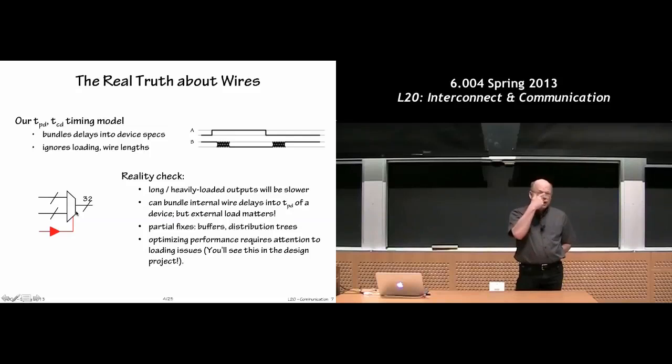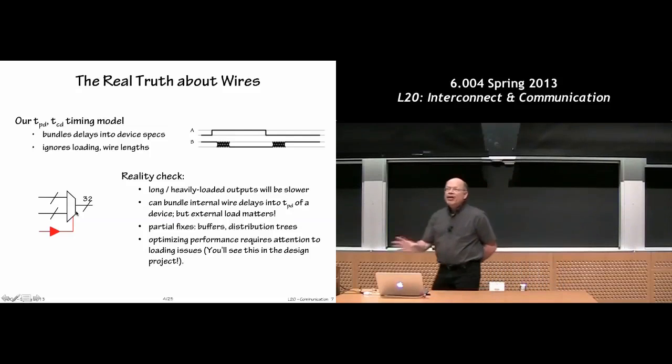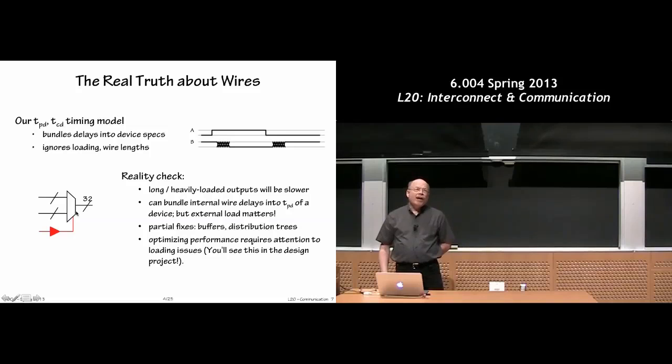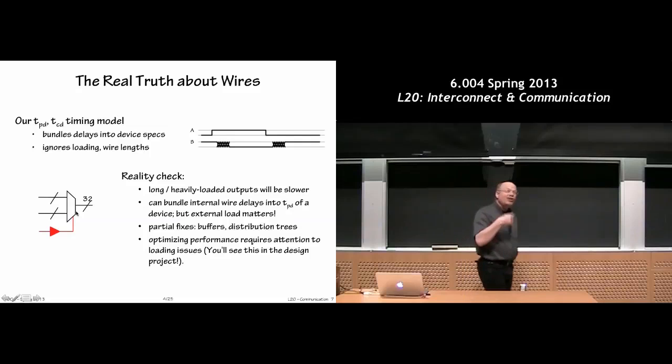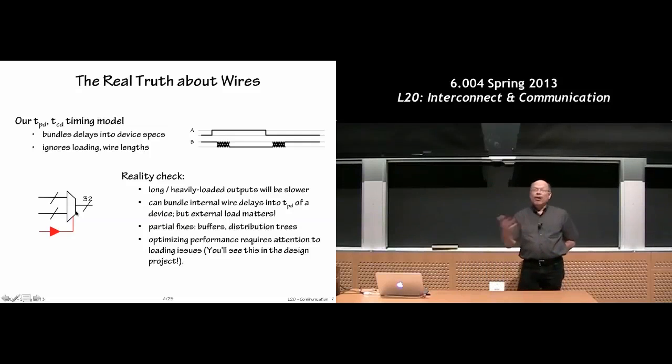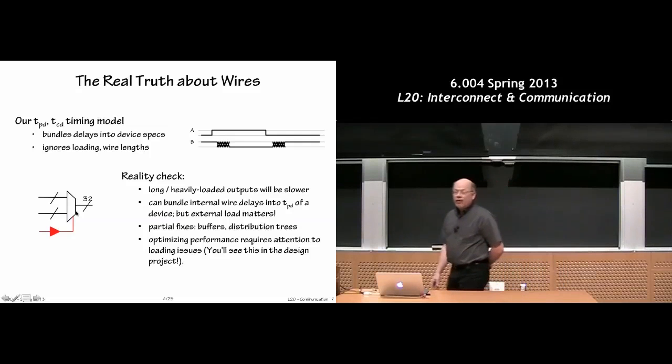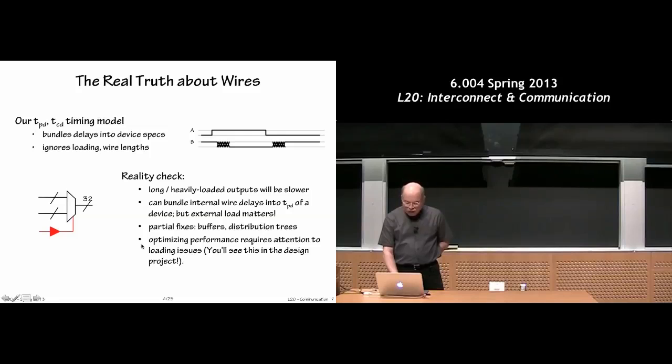If I just looked at the output, it didn't go anywhere. And then I'll separately account for how many things I'm hooking to it. So if I go from hooking 16 things to it to hooking 32 things to it, I would expect in some ways some component of my timing to now be twice as slow, because there's now twice as much capacitance to charge and discharge. And so somewhere along the line, our timing model should probably take that into account.